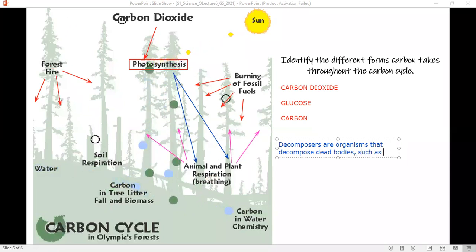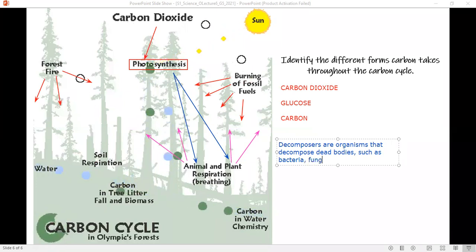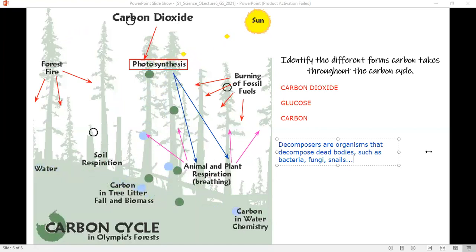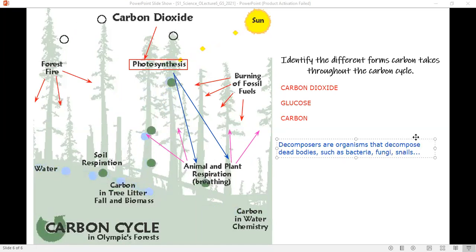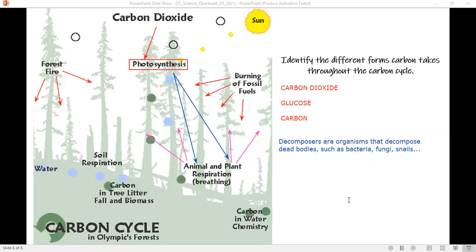Such as bacteria, fungi, snails, flies, etc. So decomposers decompose dead bodies. They put carbon back in the soil, and this carbon, which is a mineral, will be used again by the plant.